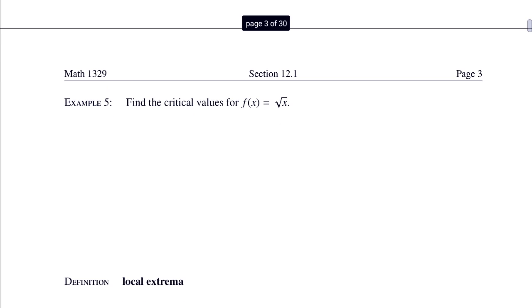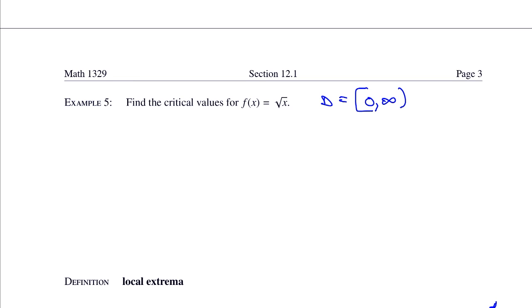All right, example 5. Find the critical values for f of x is equal to the square root of x. The first thing we need to know about this one is what is the domain? What is the domain of the square root function? It is 0 to infinity.